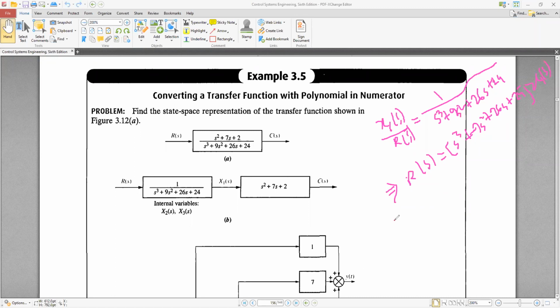Okay. Now take the inverse Laplace transform. If we take the inverse Laplace transform, then what would happen?